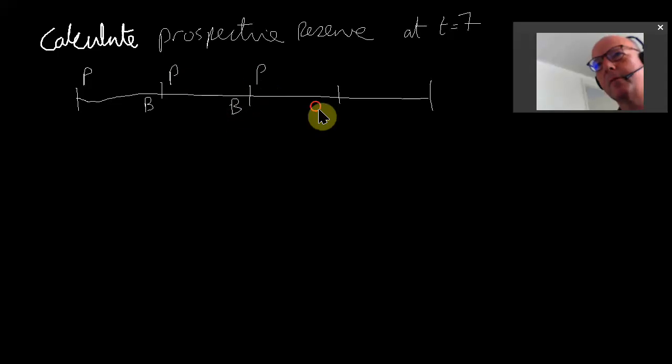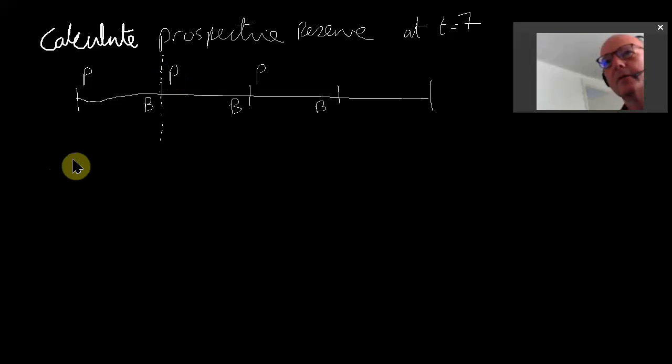Mathematically we're saying the premium and the benefit happen at t equals 1 or t equals 2, but we assume at this point the benefit at the end of the previous year has been paid out. The premium at the start of the next year has not yet been received. In practice you'd have to look at what cash flows have actually come in and gone out, but we use that convention to make the whole thing simpler to analyze.